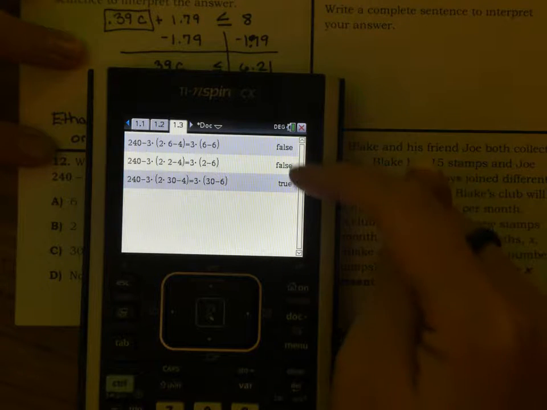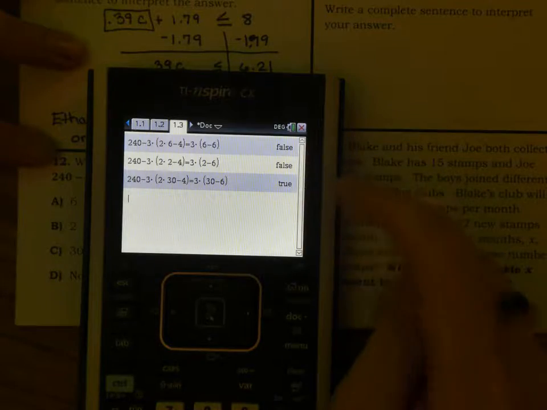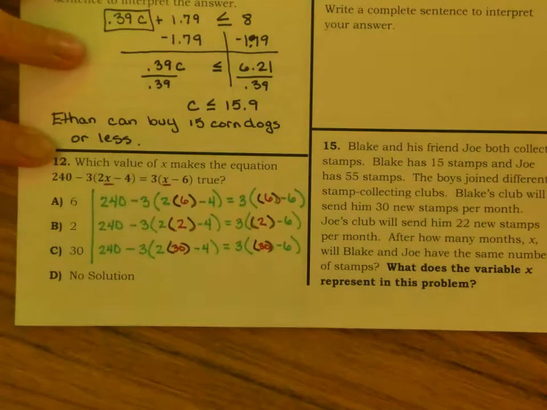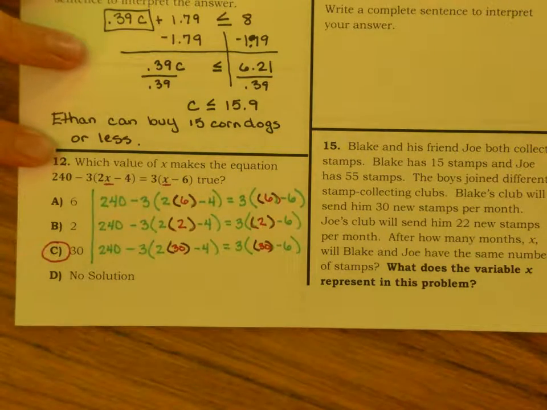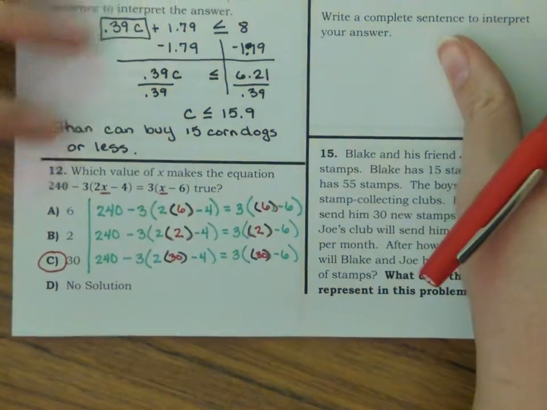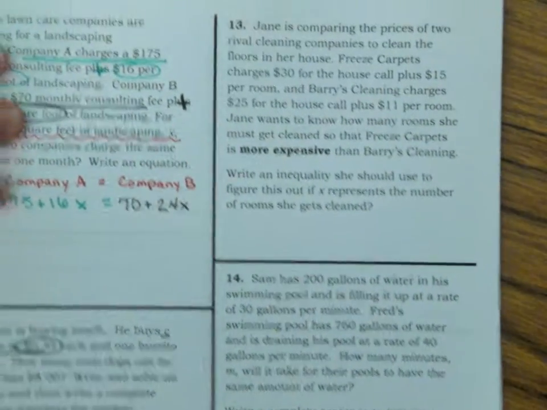And which one says true is your answer. So here's A, B, and C, and this tells me that the answer is C, because that's the one that is true. So sometimes we want you to use test-taking strategies and use your calculator.